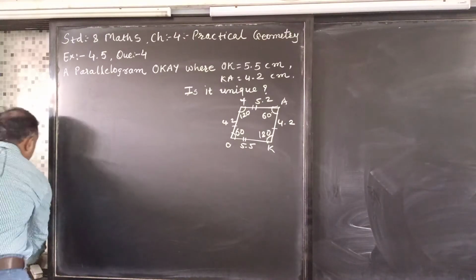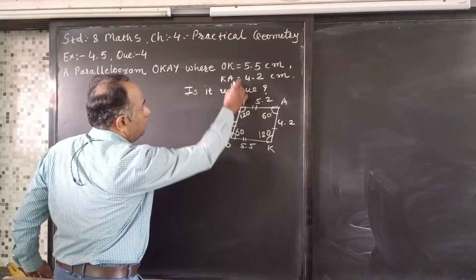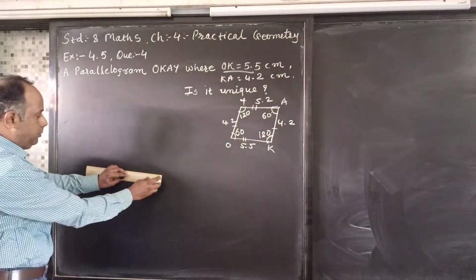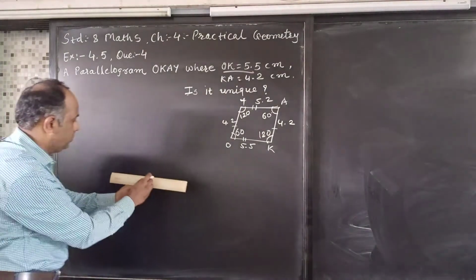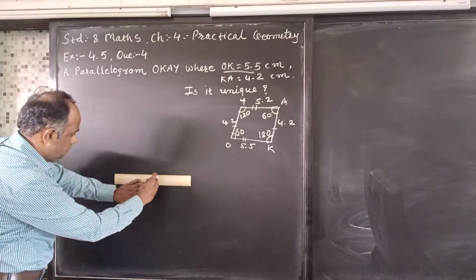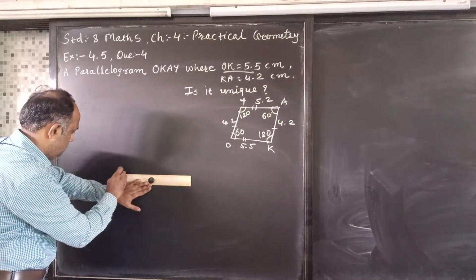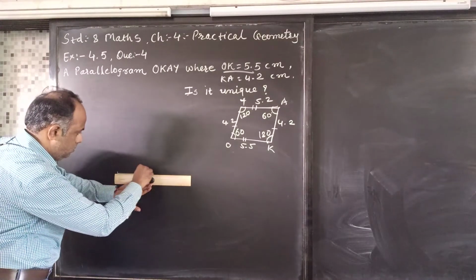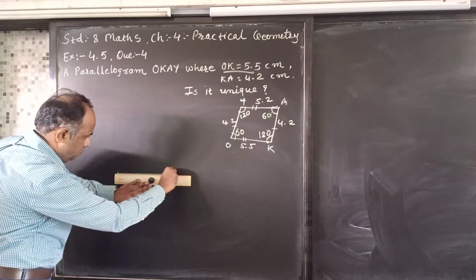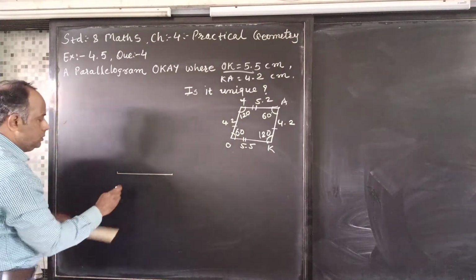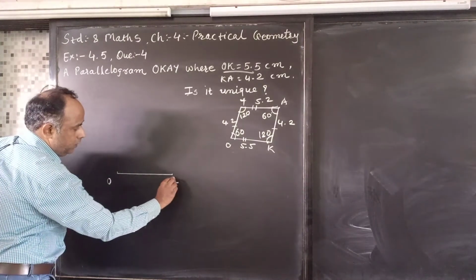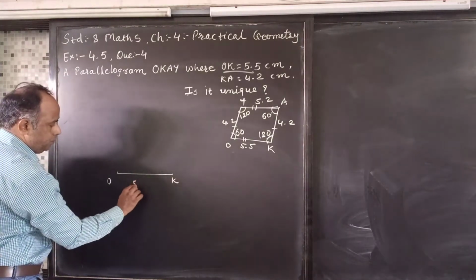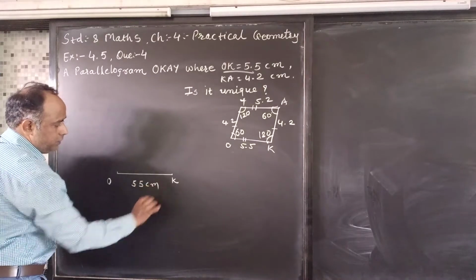First of all, we will be drawing this OK of 5.5 centimeter. So just use a scale and a pencil, and okay, this is OK of 5.5 centimeter. Use scale for it.